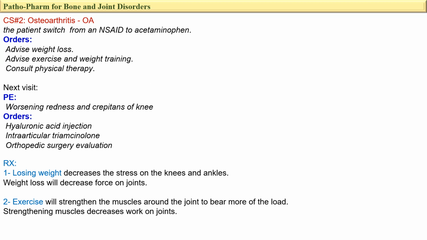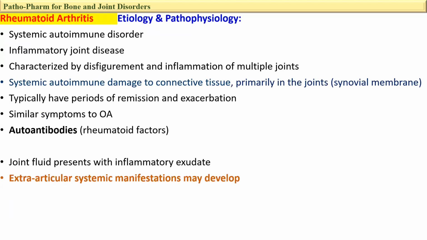In other words, the osteoarthritis is not responsive to steroid therapy, hyaluronic acid injections, and so forth. The patient's condition became refractory to these modalities, and at this point referral to the orthopedic surgeon is warranted for a suspected joint replacement procedure.